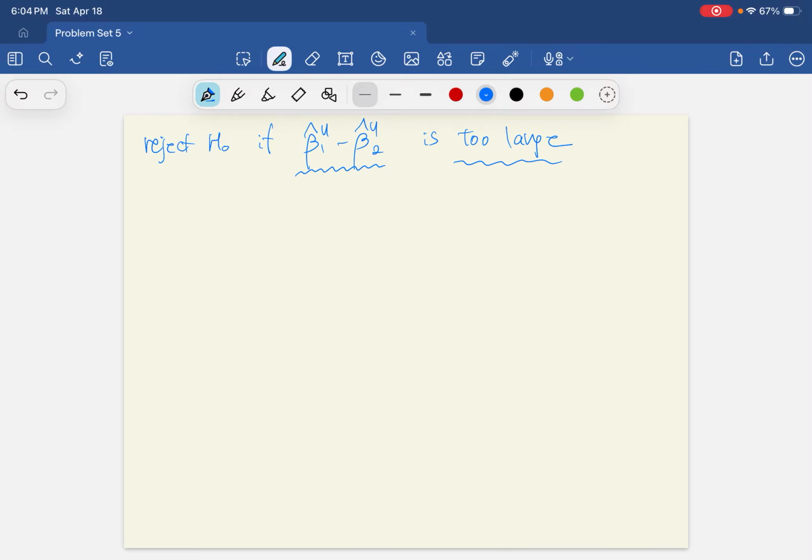Too large means mathematically we are going to reject if the absolute value of the difference is greater than something, c, right? Then the problem is to find such a critical value c. We have to find the c.